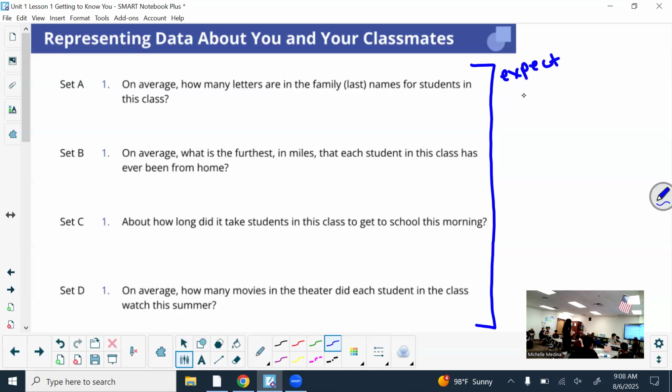We don't expect everybody to say the same answer, right? When we expect variability, would that make it statistical or non-statistical? We do not expect all the answers to be the same. So these are all statistical questions.